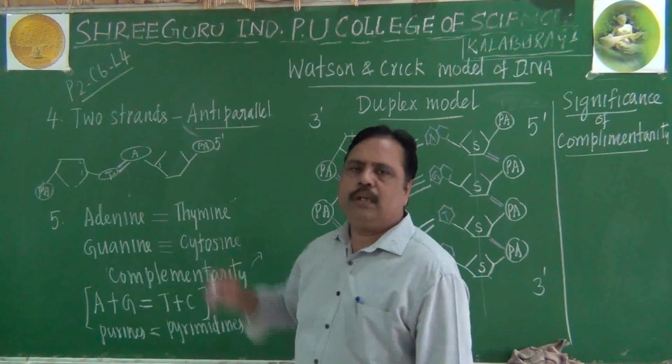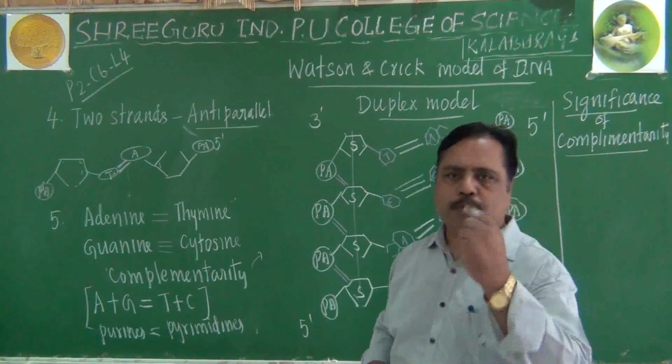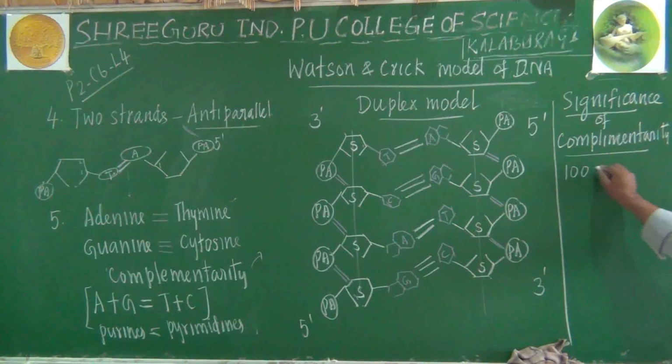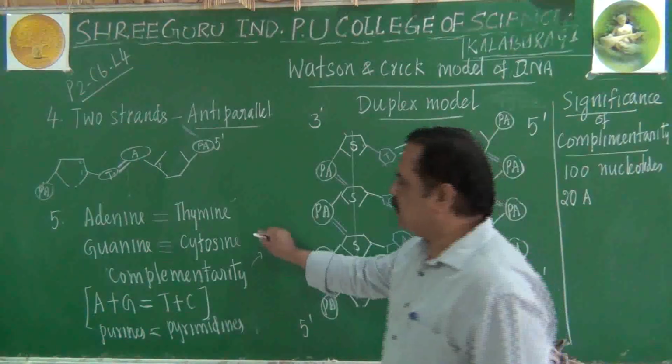This becomes a NEET exam question, or a CET exam question also. Suppose a DNA molecule contains 100 nucleotides. Imagine out of 100 nucleotides, 20 are adenine. What will be the number of cytosine?